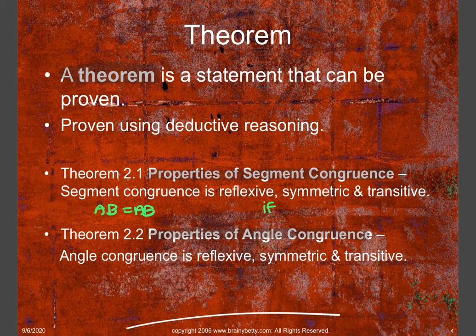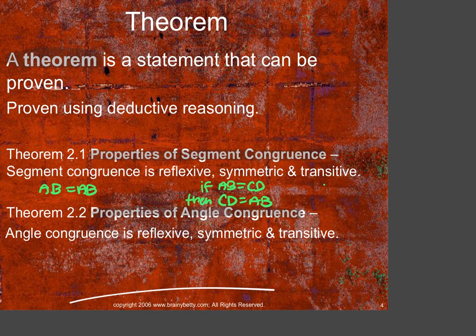If AB equals CD, then CD equals AB, that would be symmetric. And then transitive, if AB equals CD and CD equals EF, then AB equals EF. That would be transitive.